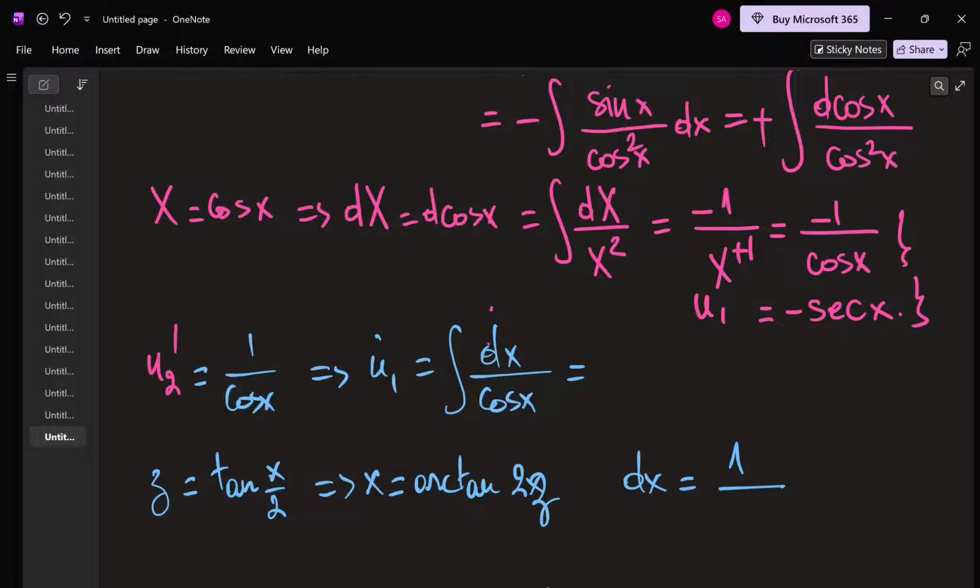Sorry, did a mistake. So here in this part, x actually equals to what? If you take arc tangent z, then you multiply by 2, so it is 2 arc tangent z. So if you take the derivative of x, you will find 2 over 1 plus z squared times dz. Okay, is this correct?